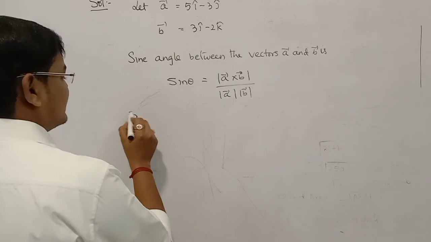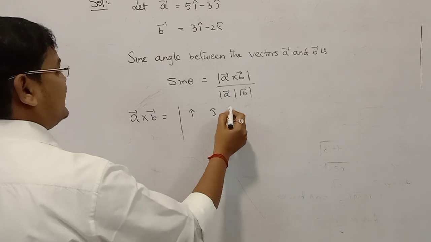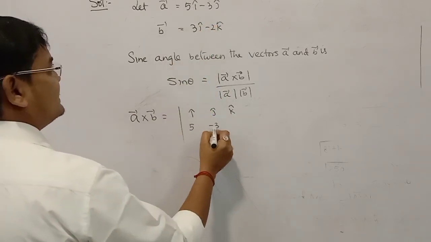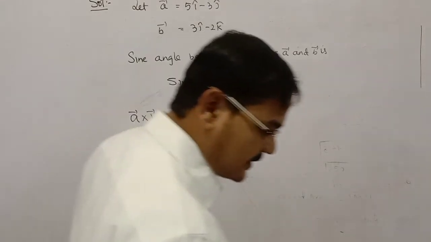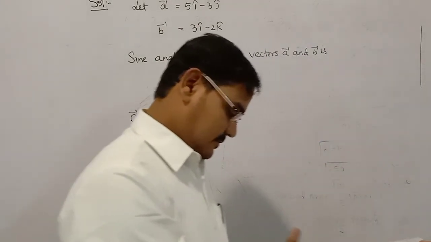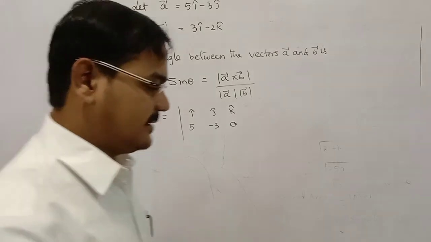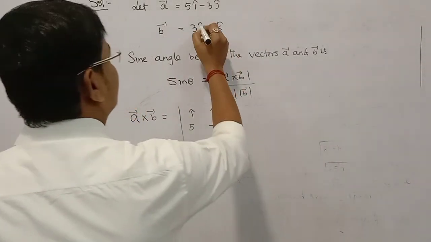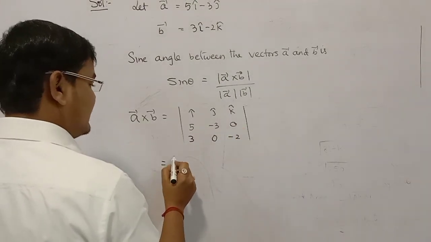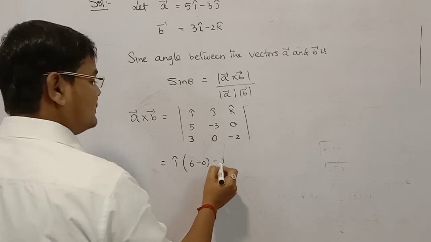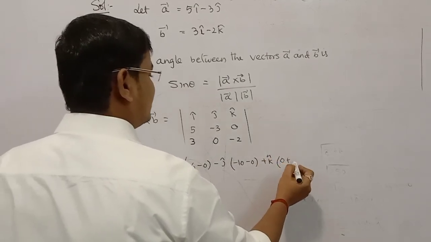So now first A bar cross B bar, that is the determinant of i j k, 5, minus 3. There is no k term, consider it as 0, and here 3, that is 3i bar, 0, minus 2. So that is i into 6 minus 0, minus j into minus 10 minus 0, plus k into 0 plus 9.